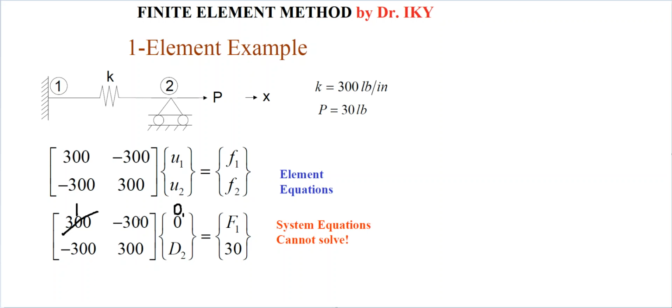So 1, minus 300, d2 and f1. I know that f1 has got a value, but I want to change it to 0 initially. Why? I need to find the displacement 2. Because of that, I am changing the equation.